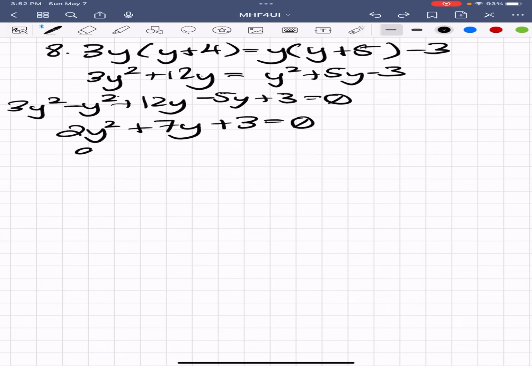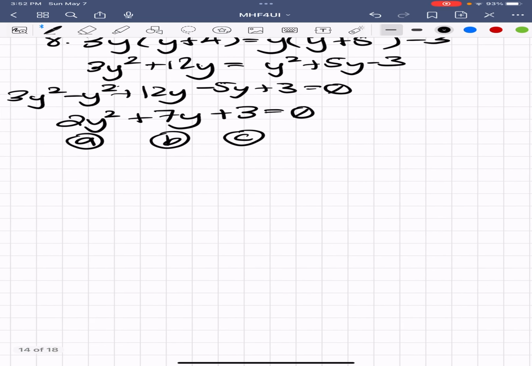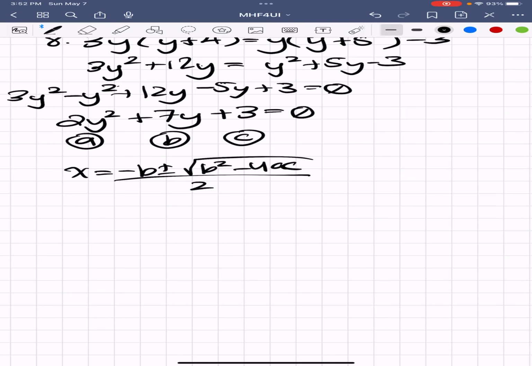So now our equation is in standard form, and what we're going to do is use the formula to solve this quadratic expression or equation. So we have our a, b, c. Our quadratic formula is x equals negative b plus or minus the square root of b squared minus 4ac over 2a.